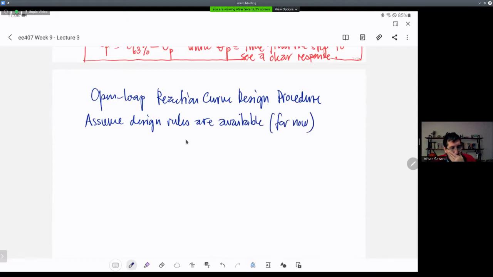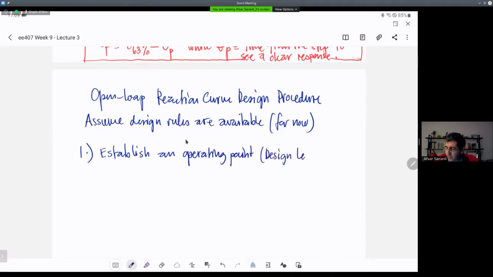The procedure is as follows. You establish an operating point. Sometimes it's called a design level of operation, level of OP.